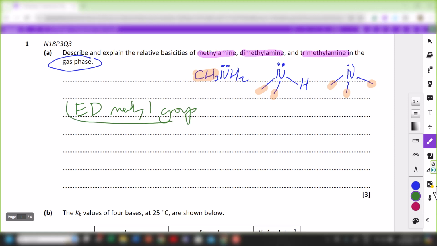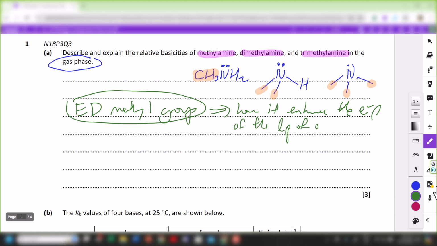You focus on this and how it enhances the electron density of the lone pair of electrons around the nitrogen center. For methylamine, there is 1 donating methyl group, dimethylamine 2, trimethylamine 3.